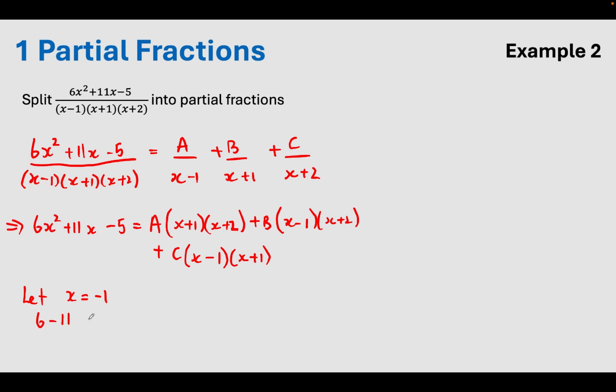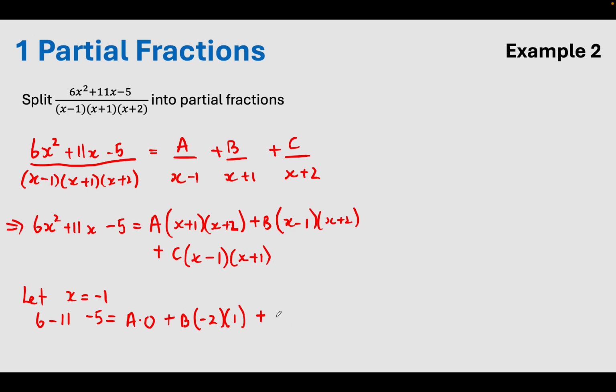So when I put that in here, I'll get 6 minus 11 minus 5. And then what will happen is I'll get a times 0. So I can just put times 0 plus b. Now b will not cancel. Okay, so I'll be left with b times minus 2 times 1 plus c.